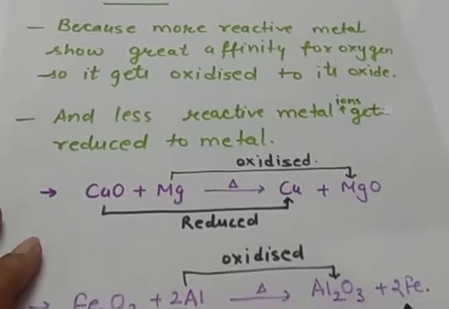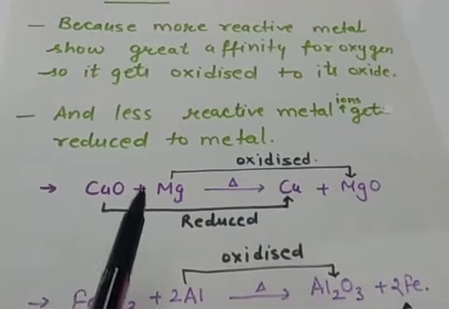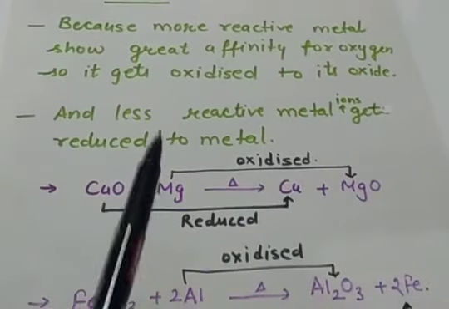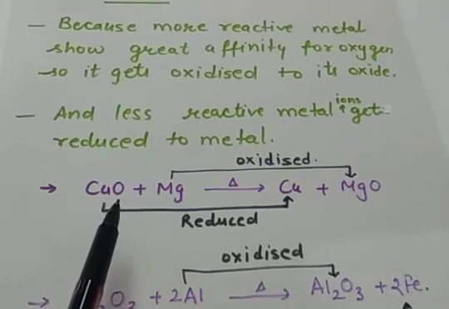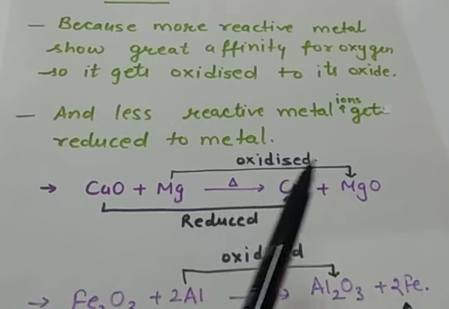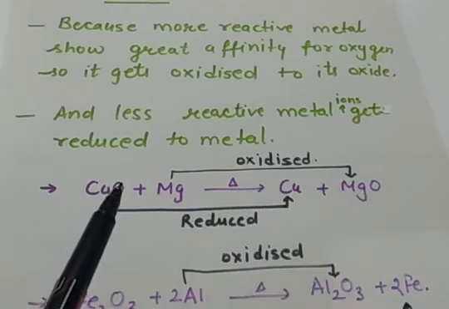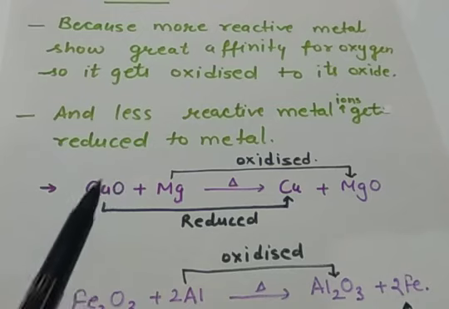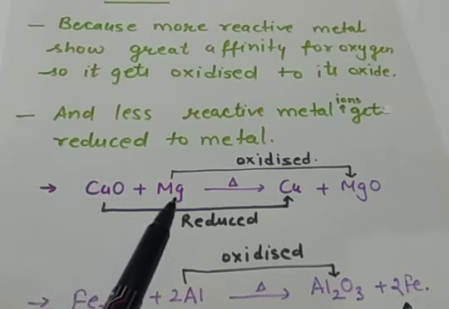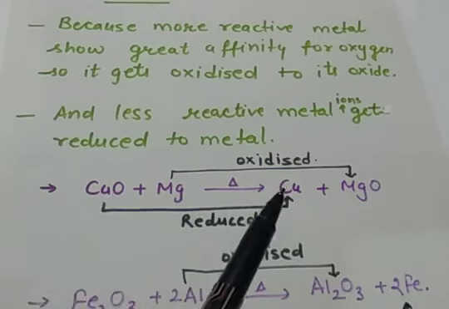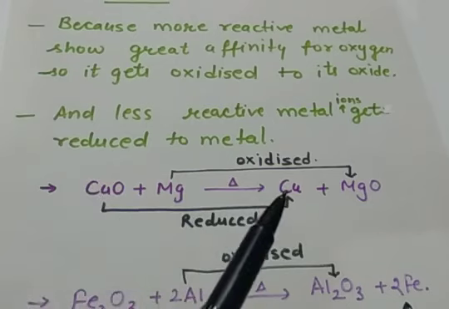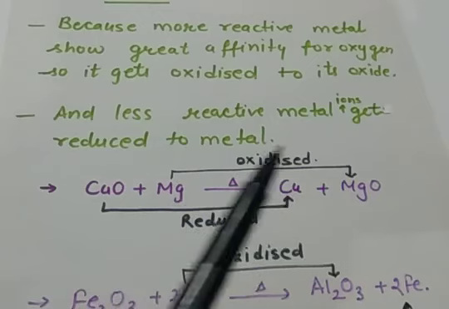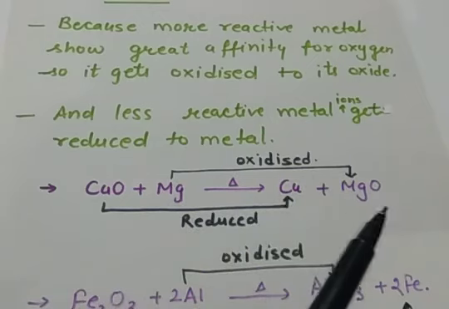For example, when copper oxide is reacting with magnesium, as magnesium is more reactive and has a great tendency towards oxygen, it will get oxidized into MgO. And this copper will be separated out. So here copper oxide is getting reduced to copper, magnesium is getting oxidized into magnesium oxide.